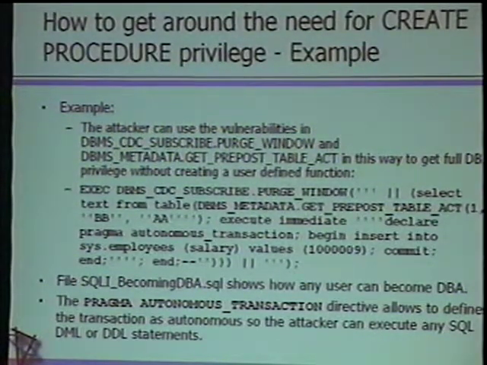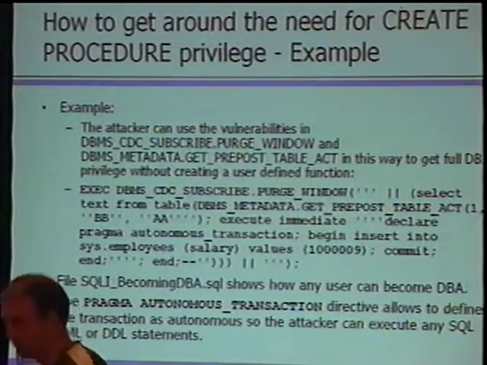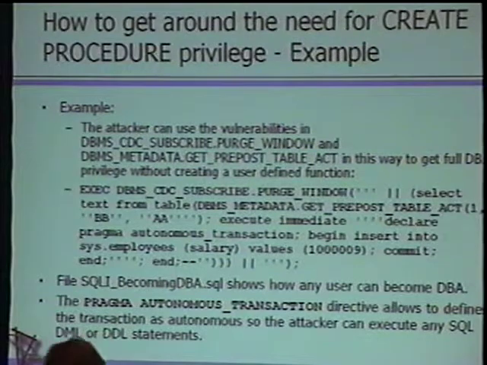There is an example that combines a vulnerability in the push window procedure and now it doesn't inject a user-defined function, but it uses the vulnerability in the GET_PREPOST_TABLE_ACT function, so it can define an autonomous transaction and execute any SQL statement. We will see an example of this.